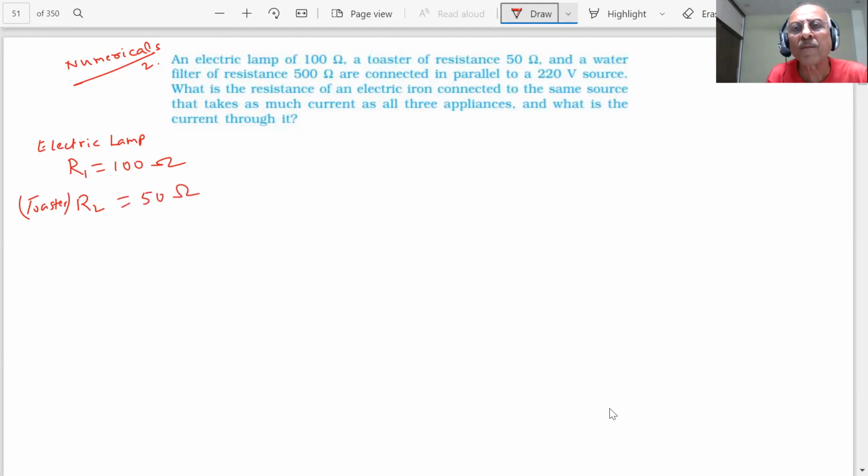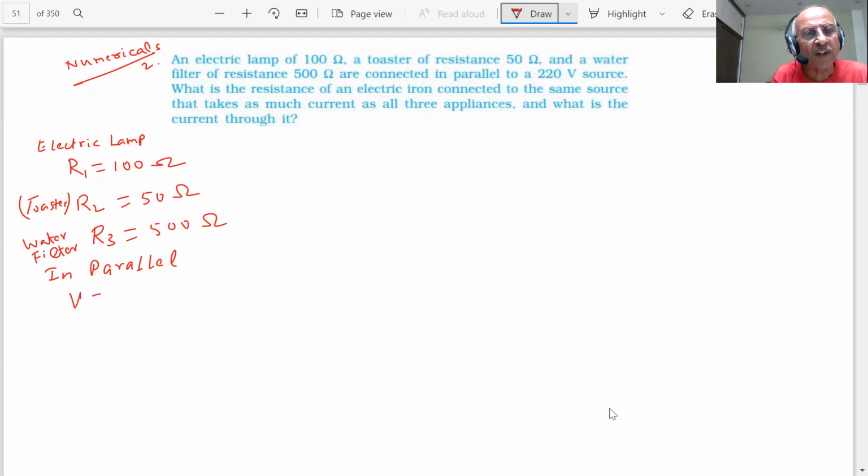50 ohm. And a water filter of resistance 500 ohm. Water filter, another resistor. You are using a water filter at home, the resistance is 500 ohm, connected in parallel. How are they connected? In parallel, to a 220 volt source.